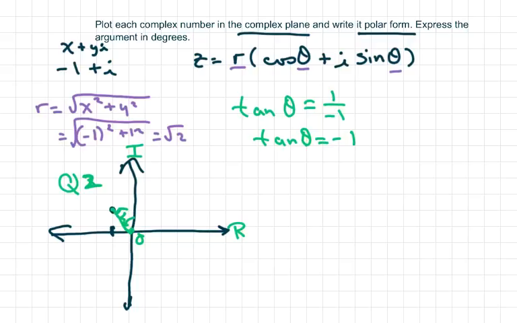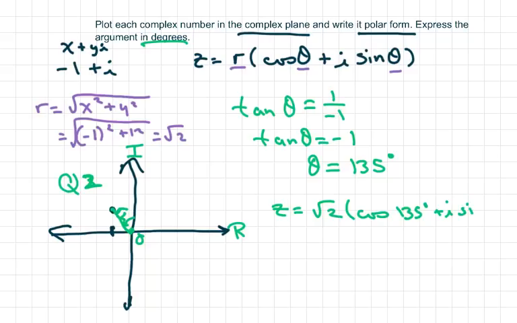Okay, so tan of theta equals negative 1, so that's in quadrant 2, so that means my angle is 135. And we're going to express this in degrees, so we're basically done. R, square root of 2, times cosine of 135 plus i times sine 135.